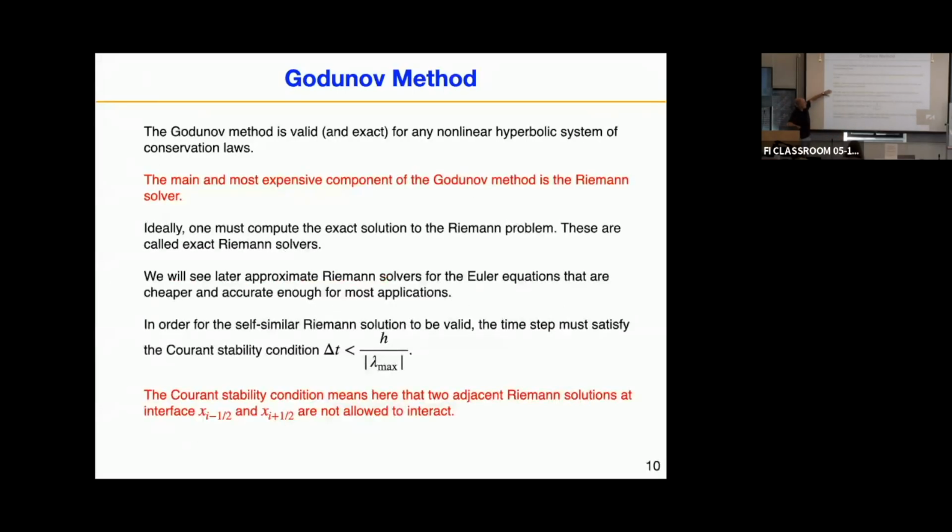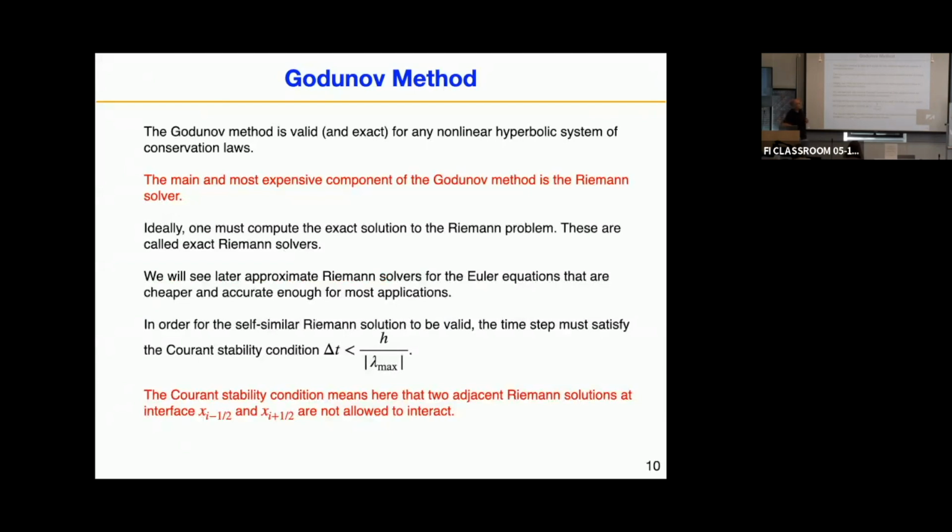Hopefully, I will show you some approximation. You can do some approximation of the Riemann solution so that your Riemann solver is fast. And of course, it's going to be an approximation. But since you're already doing an approximation by adopting a piecewise constant representation, you might as well approximate the Riemann solver too.